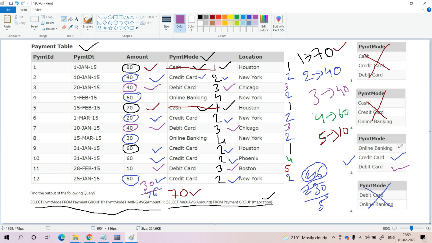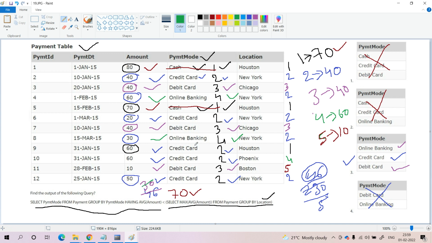Let us check it for online banking. Now what is the fourth payment mode group? Online banking only. The fourth payment group is available 1, 2, only 2 times in the given payment modes. Now calculate the average. 60 plus 30, you will get 90. 90 by 2, as 2 elements are available, we are getting 45.